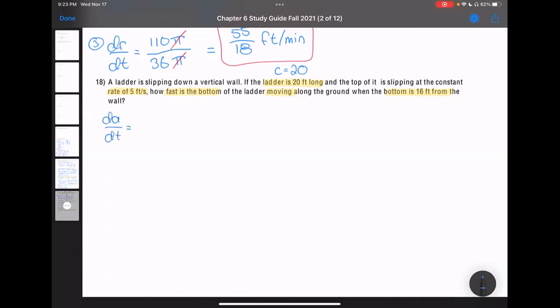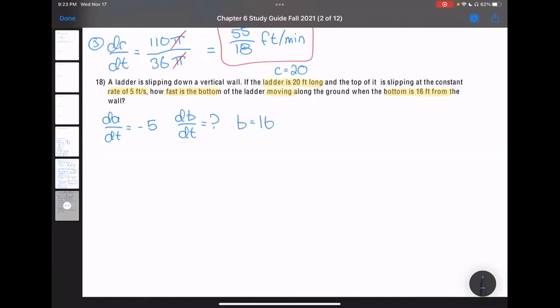It's slipping down a vertical wall, so that's negative 5 feet per second. And they want to know how fast is the bottom of the ladder moving. So dB dt equals question mark when the bottom is 16 feet from the wall. So when B equals 16 feet.